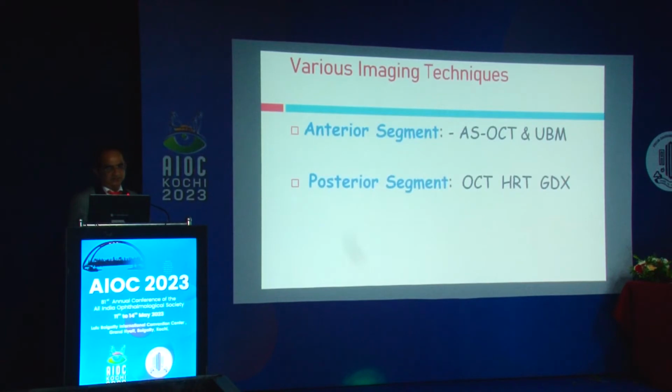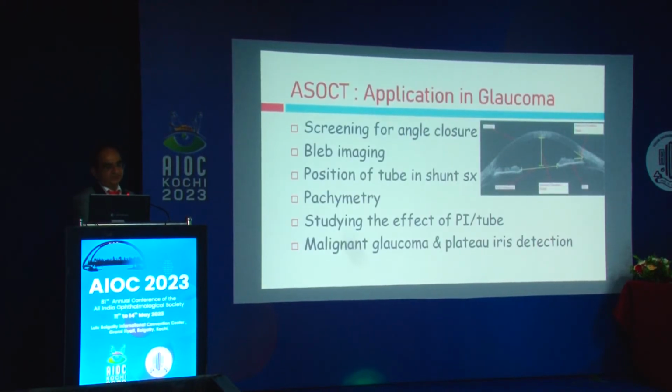Next come the various imaging techniques in the anterior segment: ASOCT and UBM. Anterior segment OCT has a lot of applications. It gives high resolution and screening for angle closure. It gives bleb imaging and the position of the tube in shunt surgery. It does pachymetry, and we can assess the effect of PI or tube, and it is also useful in malignant glaucoma and plateau iris detection.